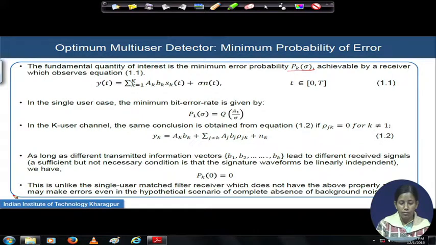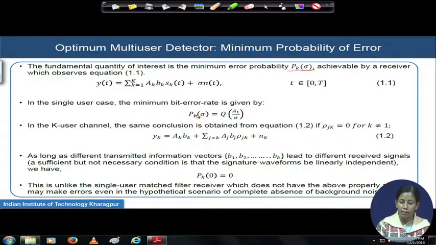If I consider that we have only a single user, the summation goes off and you end up with y(t) equal to A_1 b_1 s_1(t) plus n(t). In that case, for a single user, the minimum bit error probability, governed here by P_1(sigma), can be given by a Q function of the SNR involved, where A_1 is the amplitude received from user 1, and sigma relates to the noise power spectral density.